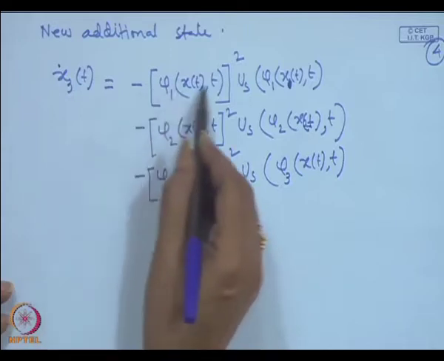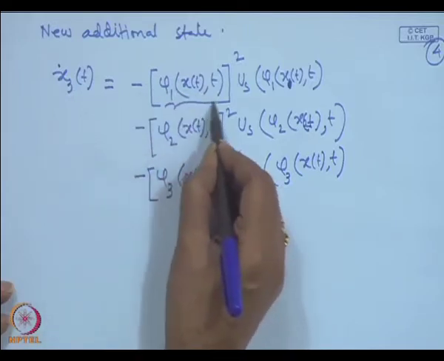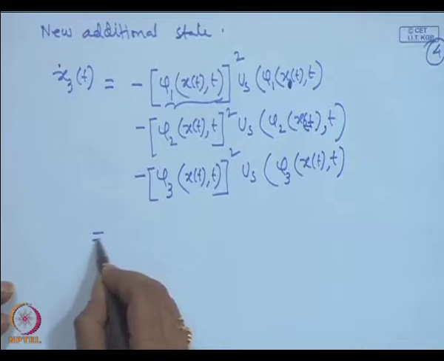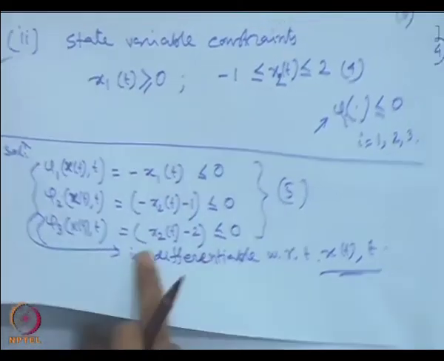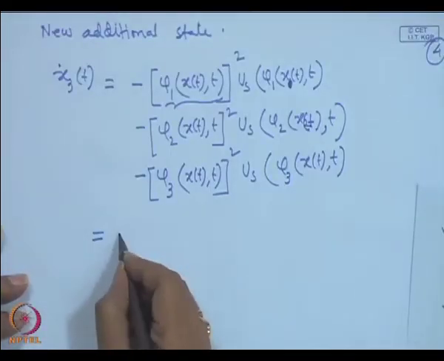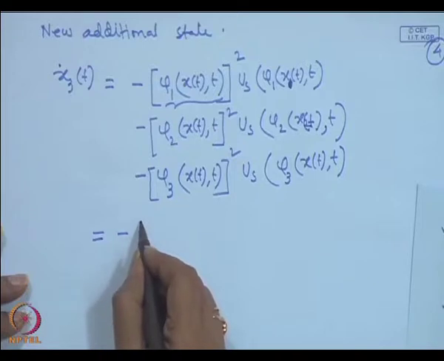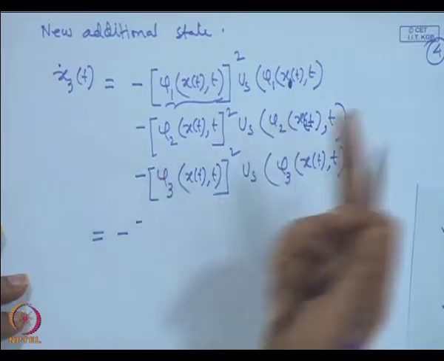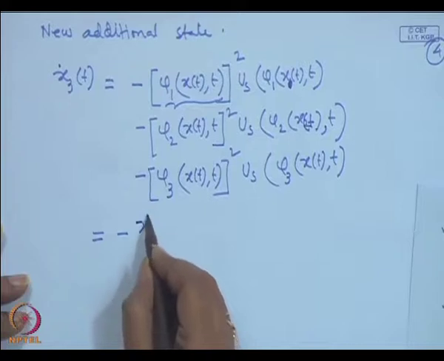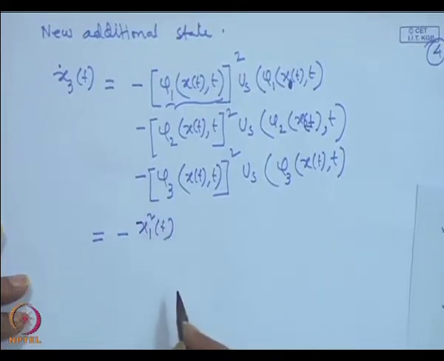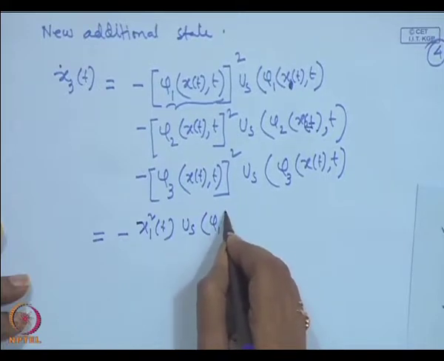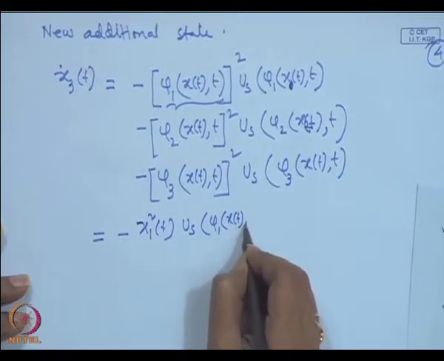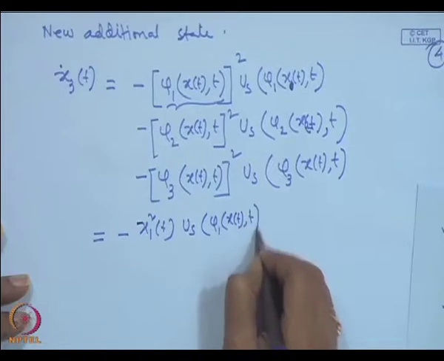So, you know already the value of psi 1 of x; just now we have calculated that psi 1 of x is minus x 1 of t. So, minus x 1 of t square, that means x 1 square of t, into u s psi 1 of x of t.